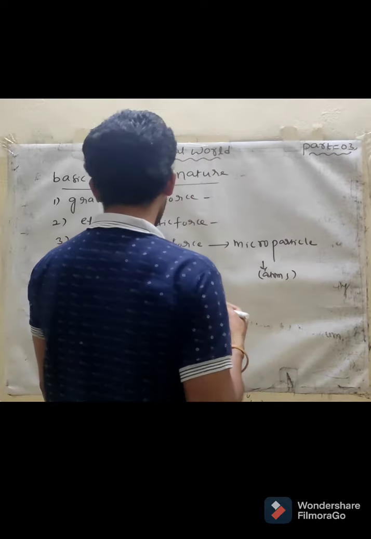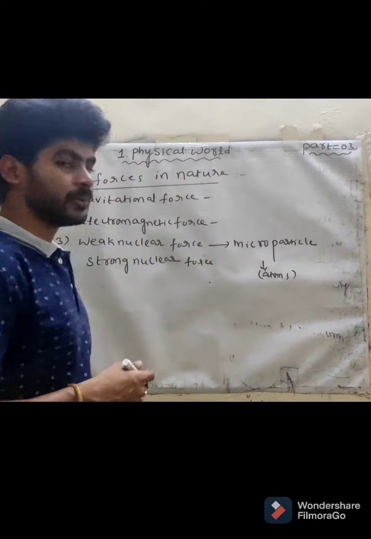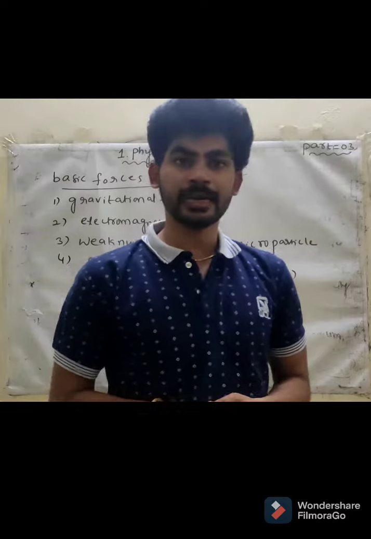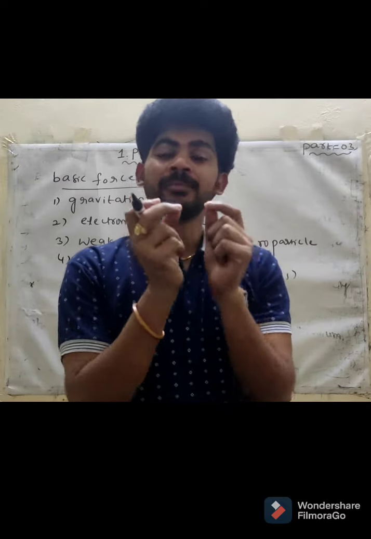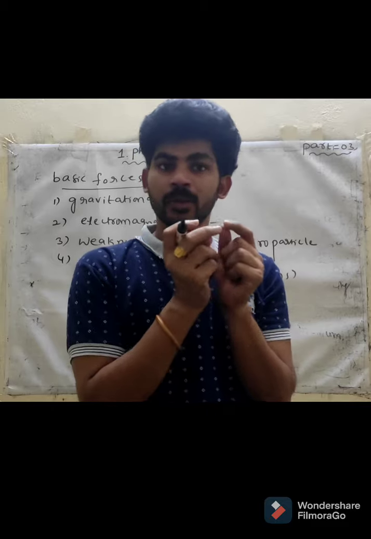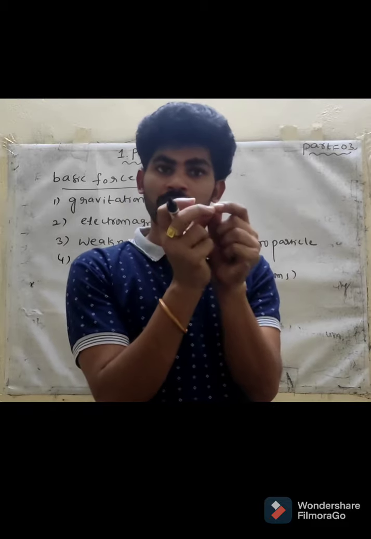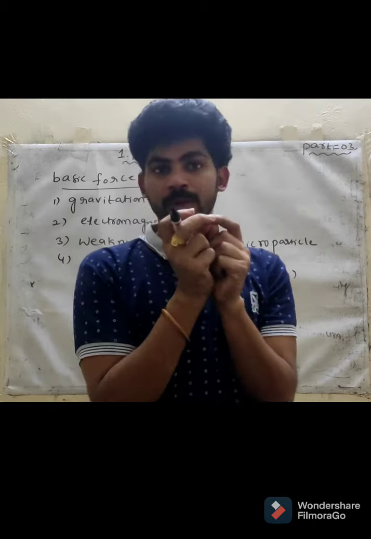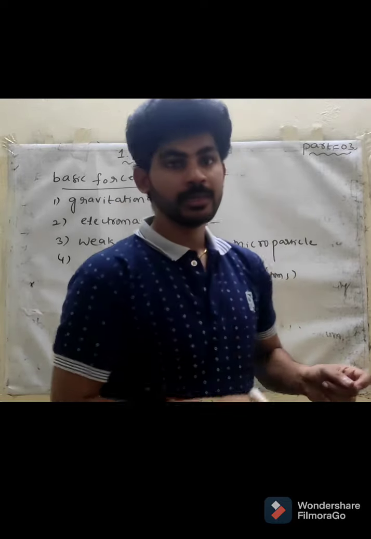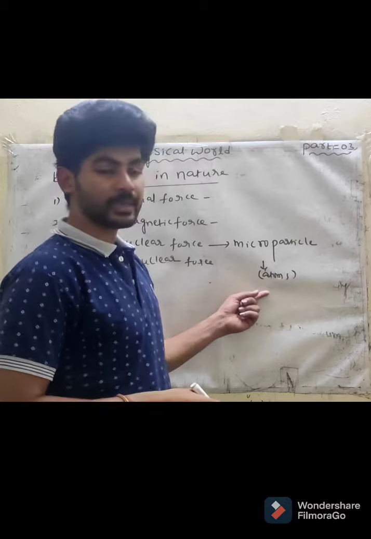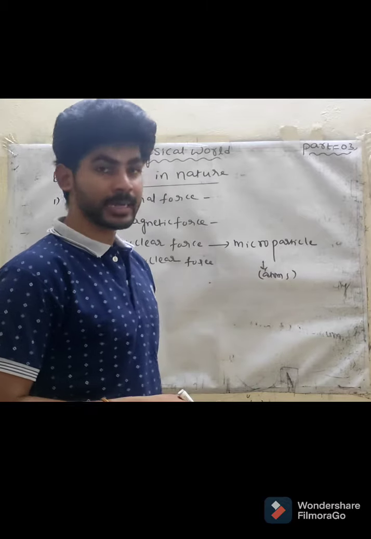Already said, weak nuclear force and strong nuclear force we use in the nuclear reactor, meaning nucleons, inside the nuclei that atoms have. One positive and one negative make the nucleus. So the microparticle force is acting between the atoms.